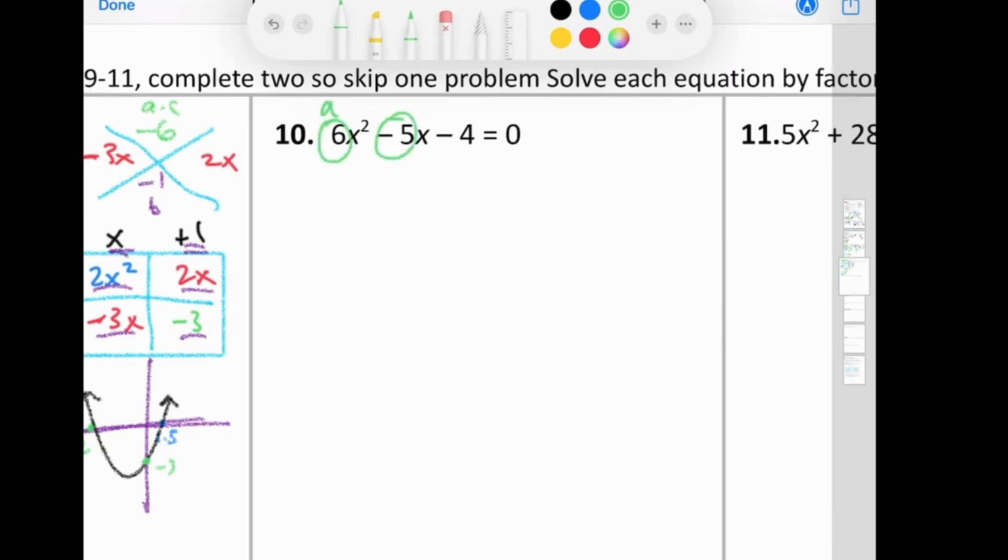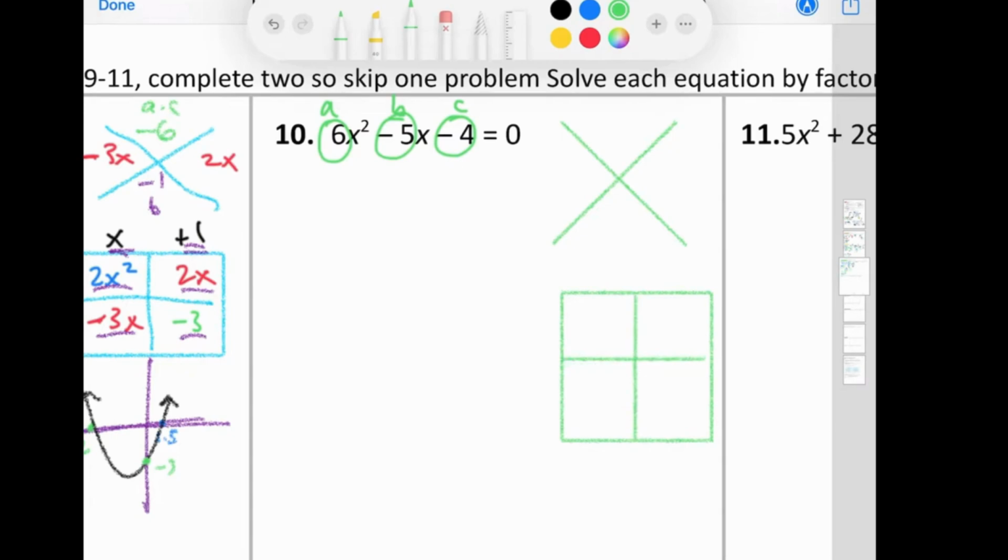A is 6, B is negative 5, C is negative 4. So it's already set equal to 0. There is no greatest common factor. I'm going to go ahead and factor this. Okay. A times C, so 6 times negative 4 is negative 24.